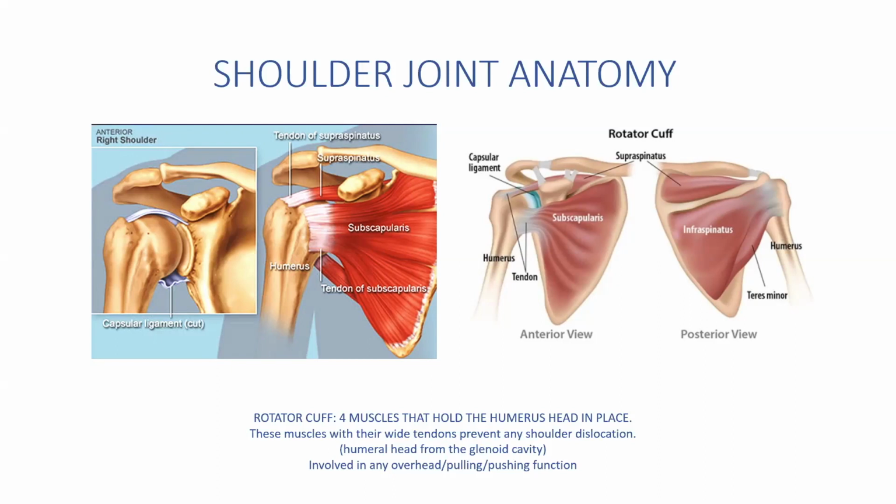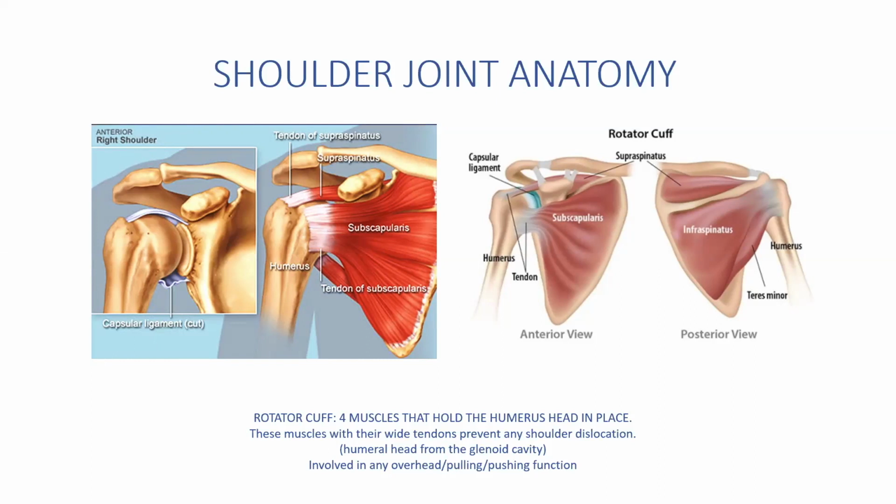These four muscles are involved in any overhead pulling and pushing function. So anytime you do push-ups, anytime you do pull-ups, anytime you take a bottle of water and drink it, these muscles are very active. They're actually the pivot of the shoulder.